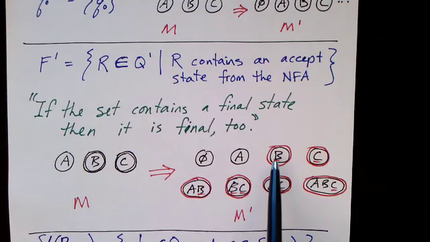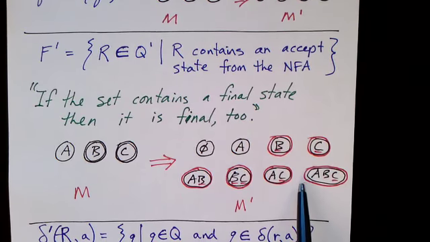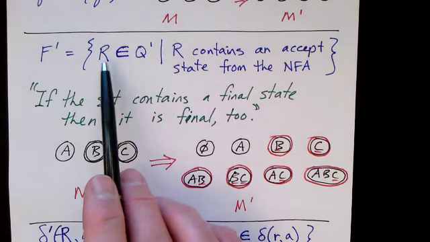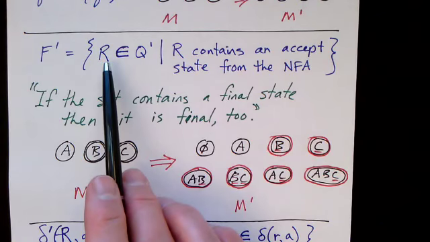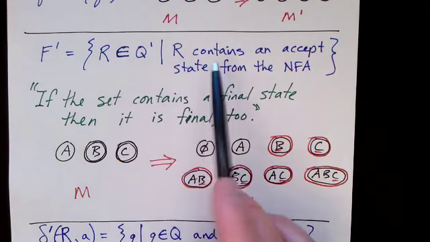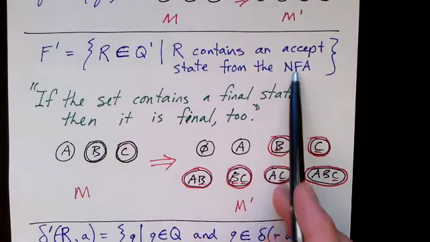So this state, that state, this one contains B, this contains B and C, this contains C, this contains B and C. So almost all of the states in our deterministic finite state machine are final. And we say that formally: it's a set of states that contain an accept state from the original non-deterministic machine.